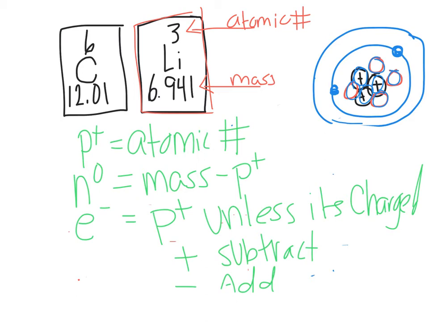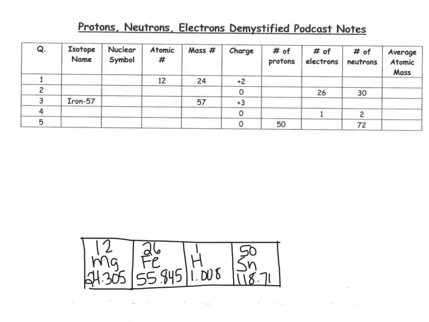Okay, so let's try some examples. I'm going to work out a couple of examples just to show you the hierarchy of rules here. And I put the elements down at the bottom just to make things quick and simple. Now, let's go ahead and look at number 1. Number 1 says that its atomic number is 12. Well, the atomic number makes the element, and so this is magnesium.